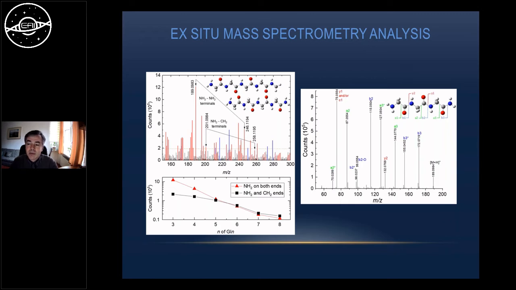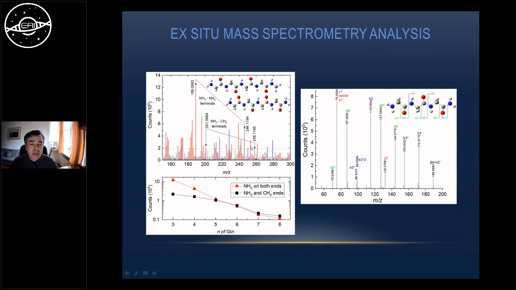We applied the substrate to quadrupole-Orbitrap mass spectrometry, which is equipped with the electrospray ionization method. So the material was dissolved in a water-methanol mixture, and the obtained mass spectra you can see here.